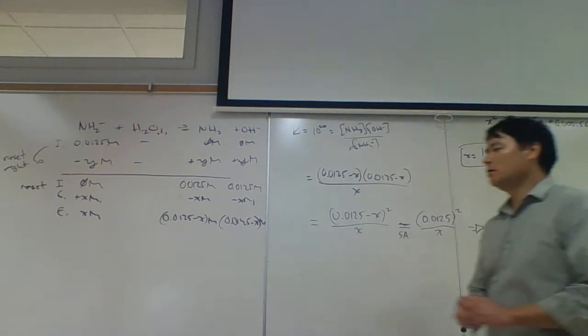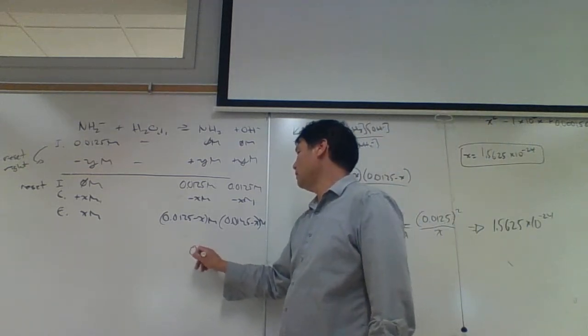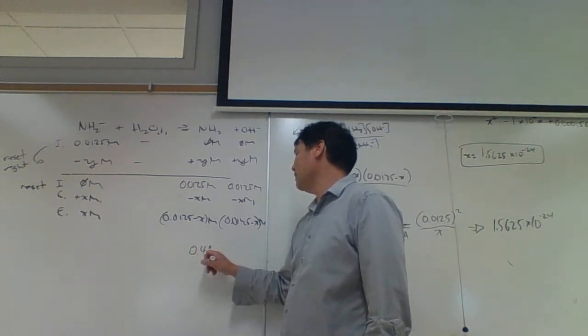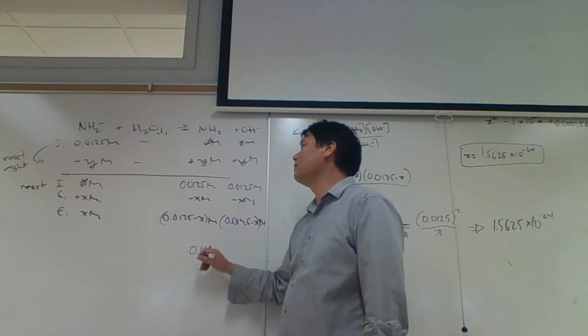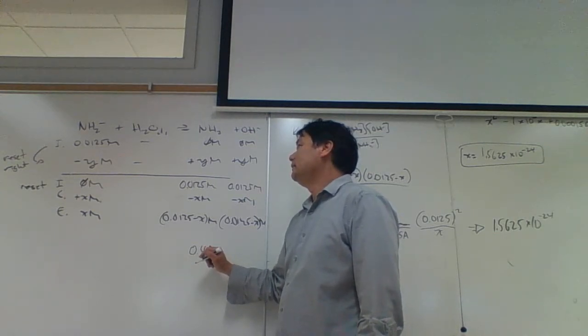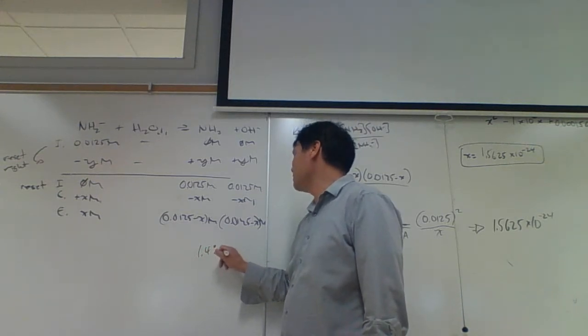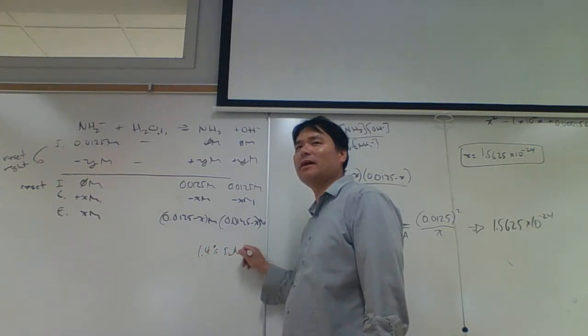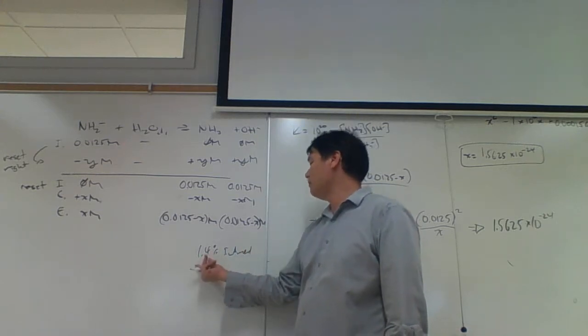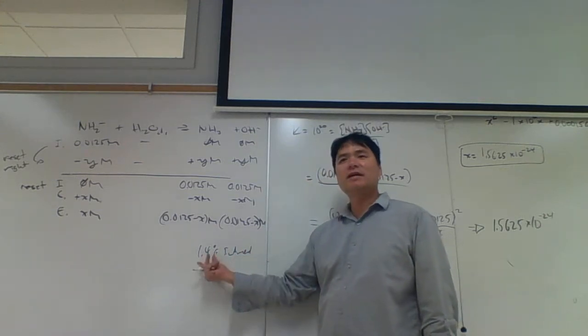Let's say you earn 1.4% interest on your savings account. Not that it would be that high, but let's say you earn 1.4% interest. Let's round that down every day.